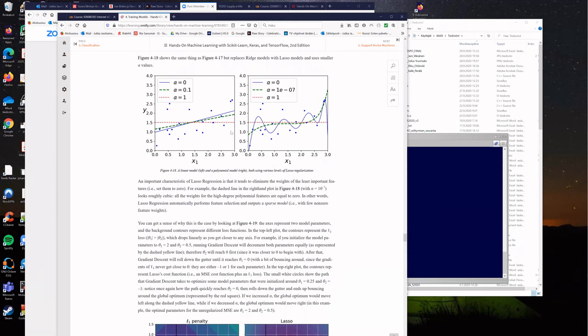And again, controlling the alpha value, you can control how this fitting of the function to the model data works. In this case, it seems that this middle green alpha line here gives the best fit to the data.